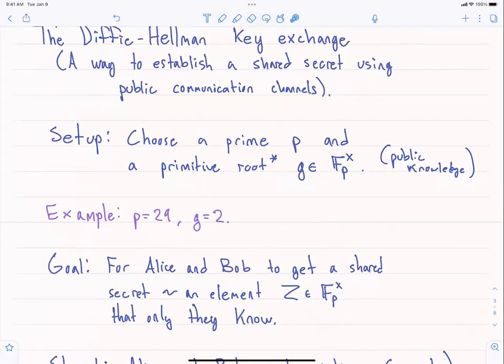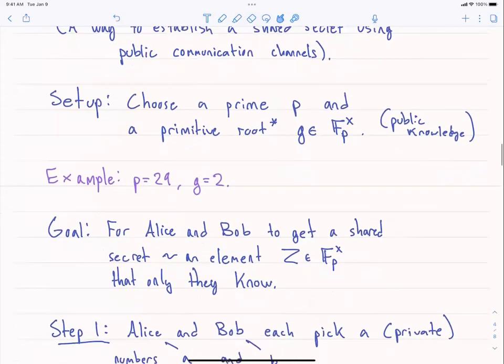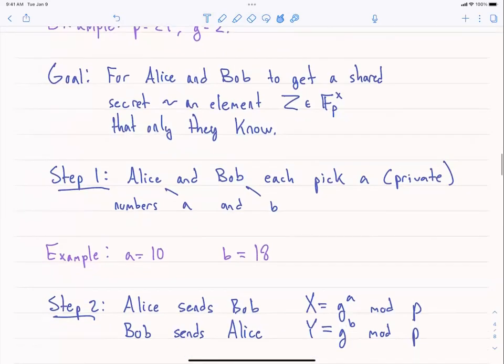But the trick is to get a shared secret in the first place. They want to produce some number Z that only they know. But to produce this number, they're going to have to communicate across this open hallway. So one of them can't just pick Z and shout it across the hallway, because then everyone will know.